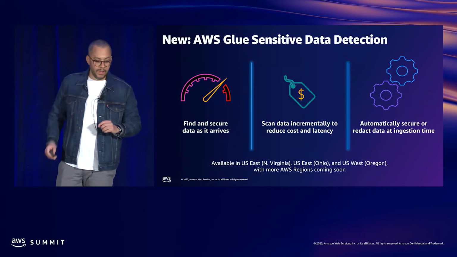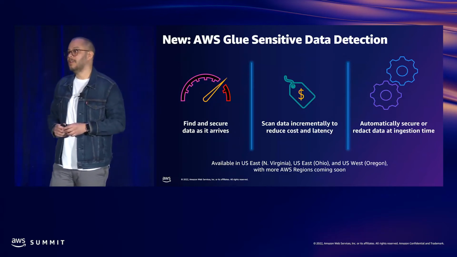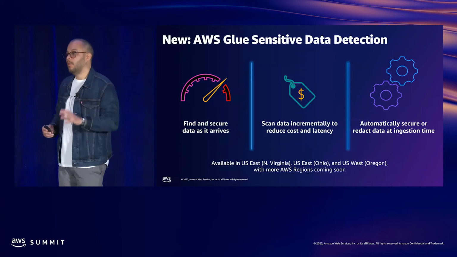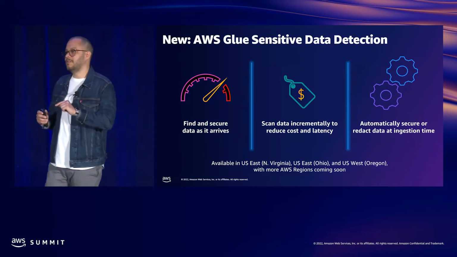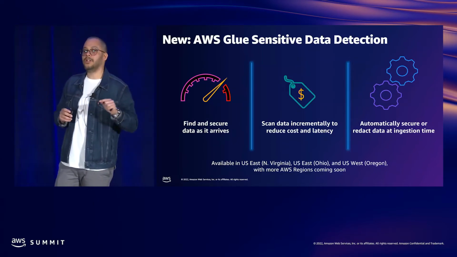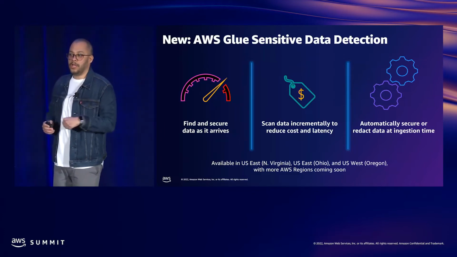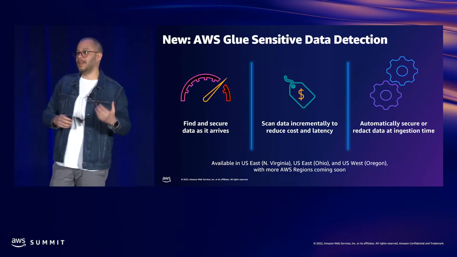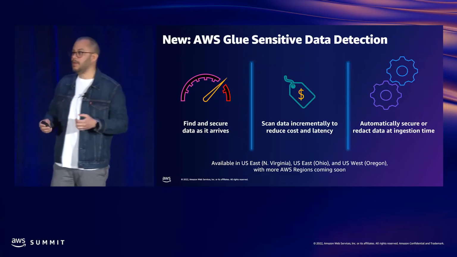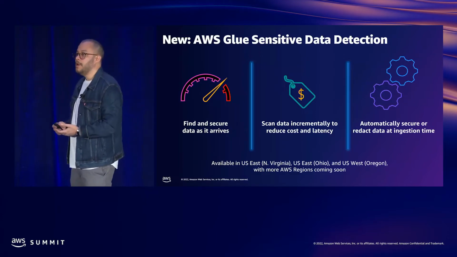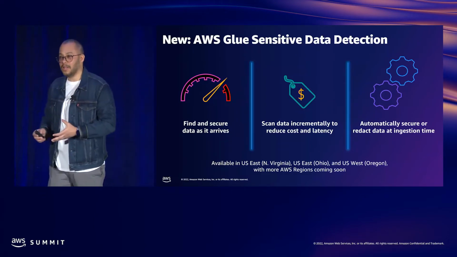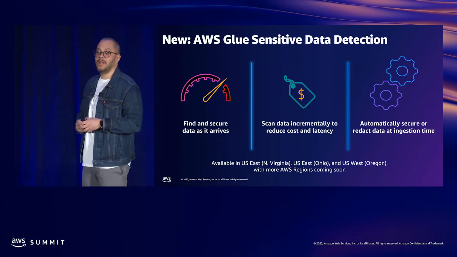The first one is that you are going to identify the data when it arrives, because you can identify the data as part of the ETL job that you use to ingest the data. So you don't need to wait until the data lands on your data lake to run an identification job, because the ETL job that moves the data into your data lake can identify the data for you.